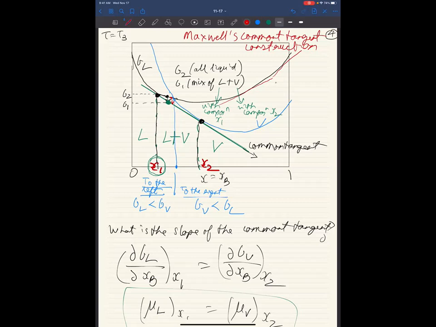One straight line, which has the same slope for liquid at this point as it has for vapor at this point over here, which means that liquid with this composition X1 can exist with vapor at this composition X2. You get very unique values for X1 and X2, okay? And that means that if you are at this composition over here, instead of being purely liquid, you definitely don't want to become all vapor because the vapor curve is higher, but you can split into a combination of liquid and vapor given by these compositions.